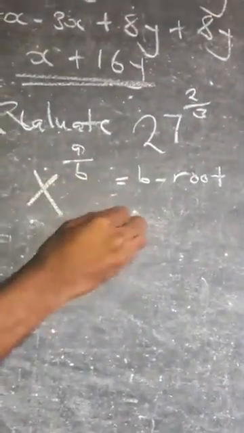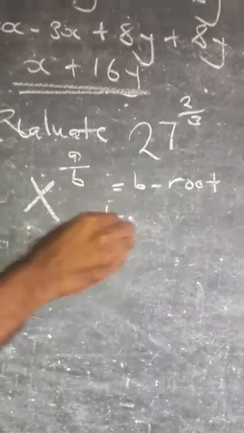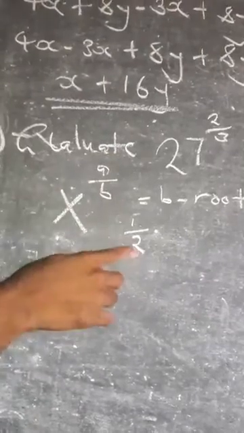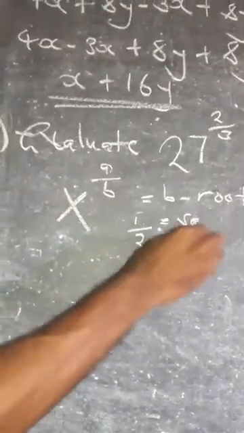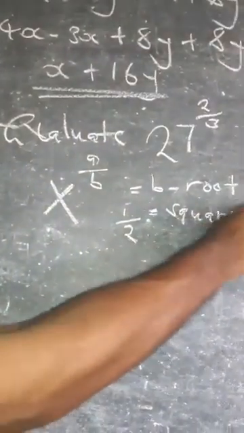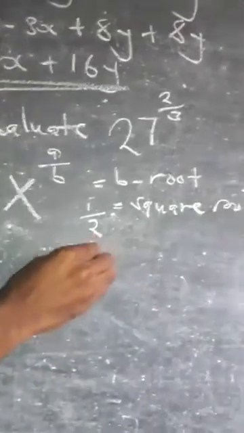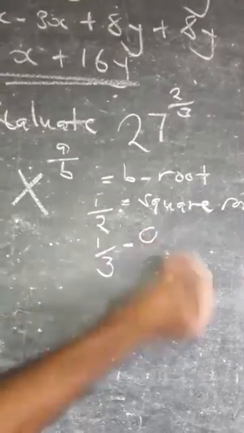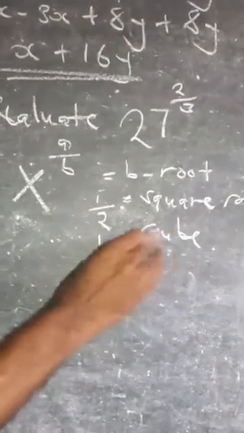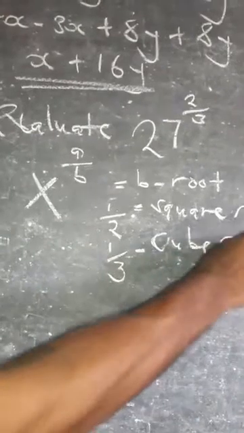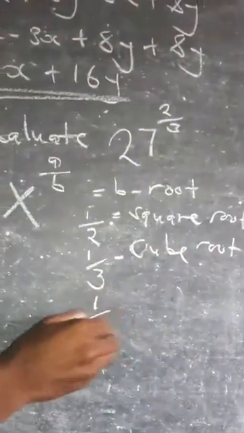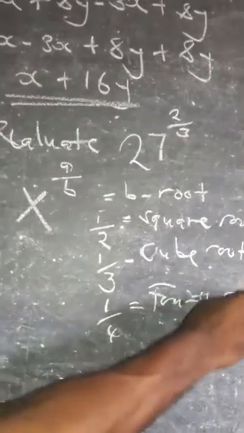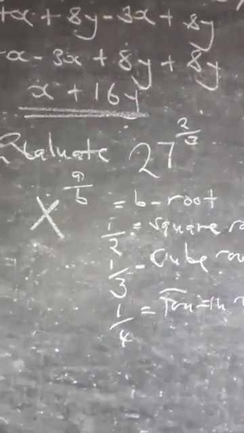So if there is a 1 over 2 here, that means this is your square root. If there's 1 over 3, that means this is the cube root. If there's 1 over 4, this is the fourth root.